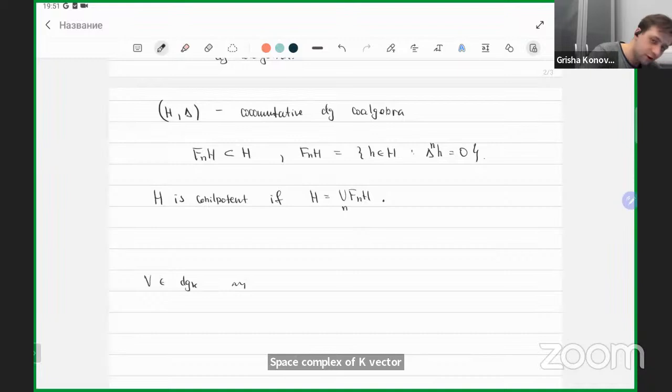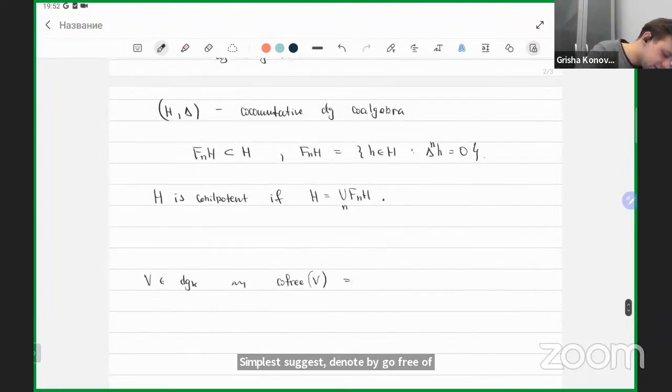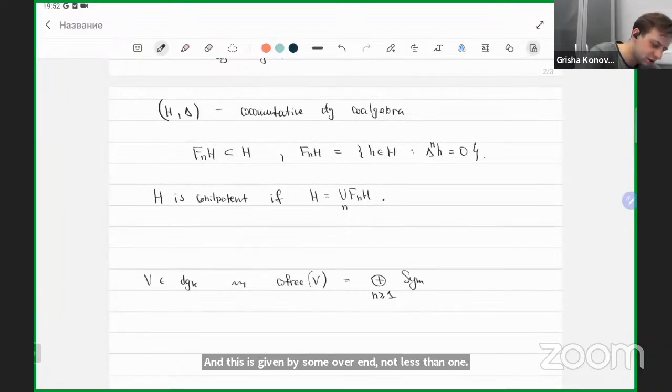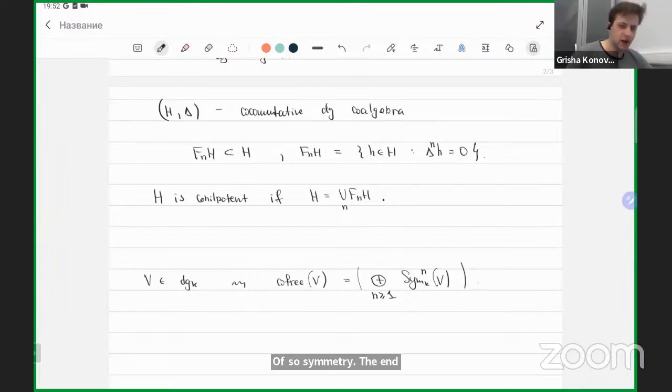Then we can form the cofree conilpotent co-commutative coalgebra, which for simplicity I denote by coFree of V. This is given by the direct sum over n not less than 1 of the nth symmetric power of V. It has the standard cobracket that splits a tensor word into two parts.